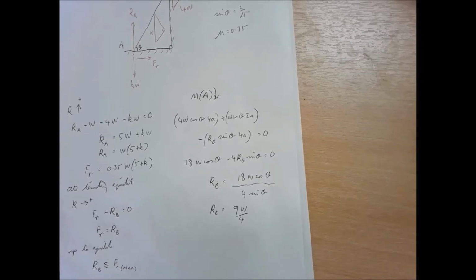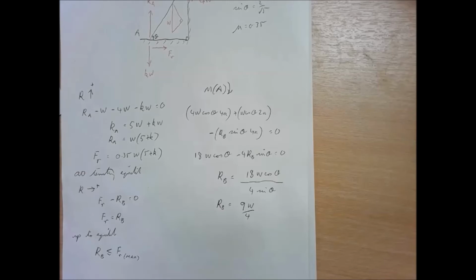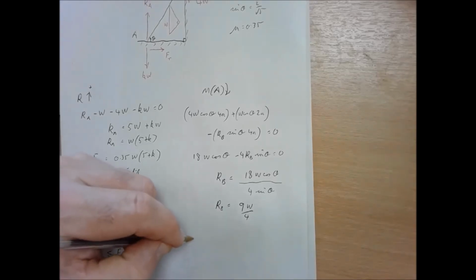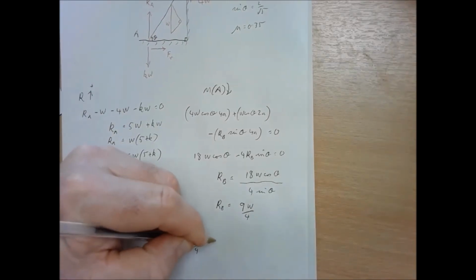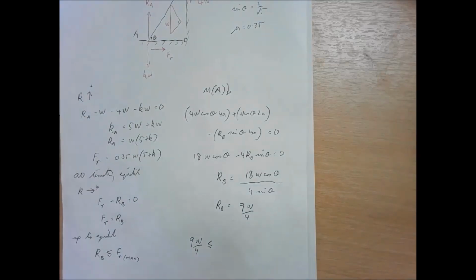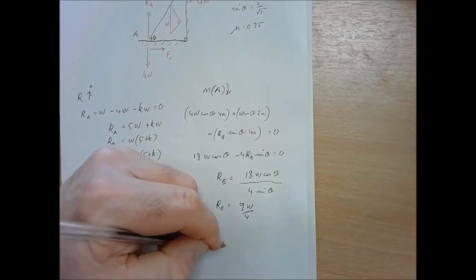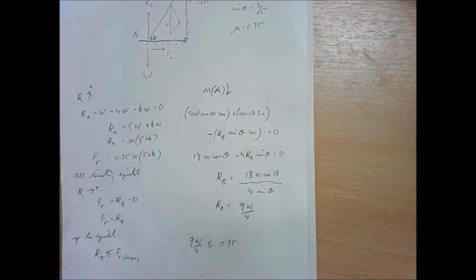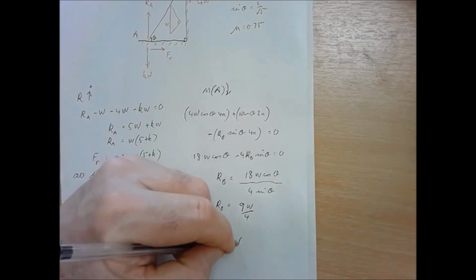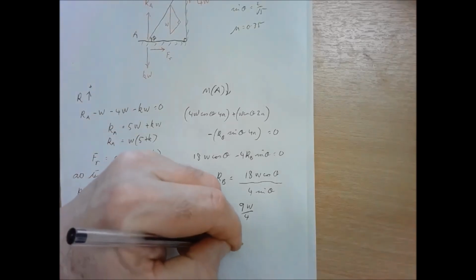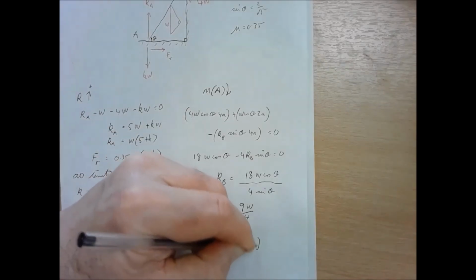Okay, so I can now go back to this equation here, and I can say 9W over 4 is less than or equal to the maximum friction, which is 0.35 (5 plus K)W.